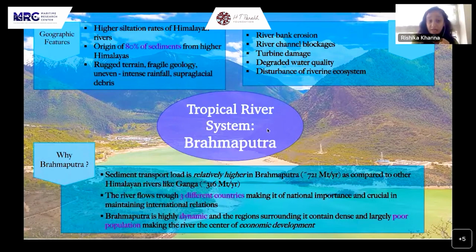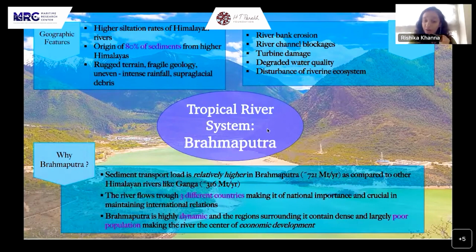The Himalayas have rugged terrain, fragile geology, uneven, intense rainfall, and supraglacial debris, which are the main cause of development of the sediments. The problems which arise from the high sediment siltation rates are riverbank erosion, river channel blockages, damage to turbines, degradation of water quality, and disturbance of riverine ecosystem.